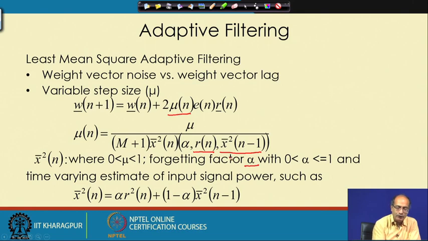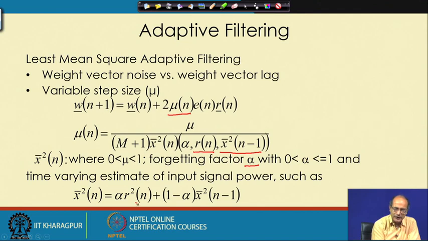And how does it work? Let us look at x bar square at the instant n. It is alpha, the forgetting factor, which varies between 0 and 1, times the instantaneous energy of the reference signal, plus 1 minus alpha times the previous estimate of x bar square.